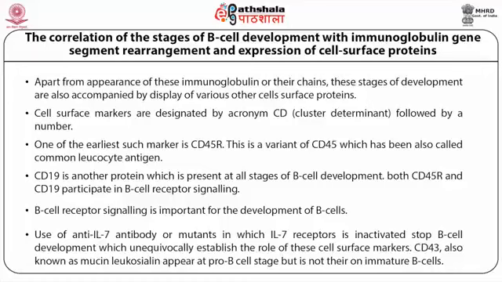KIT, the receptor for SCF, stimulates both lymphoid and myeloid development in the bone marrow. It is turned off at the late pro-B stage. At the large pre-B cell stage, CD25, a low affinity IL-7 receptor, is expressed. KIT and IL-7 are involved in pro-B and pre-B cell proliferation.